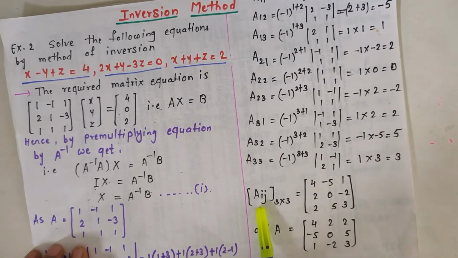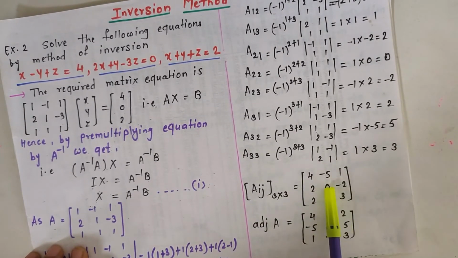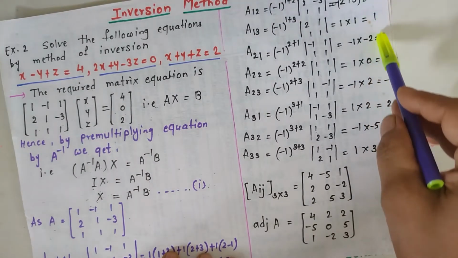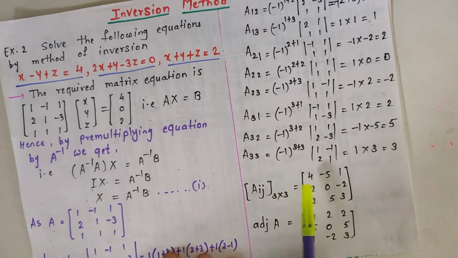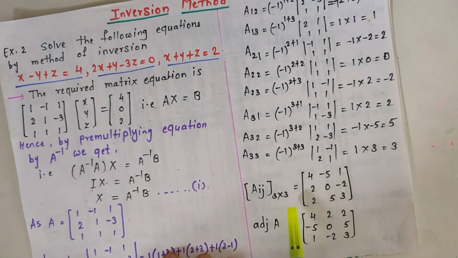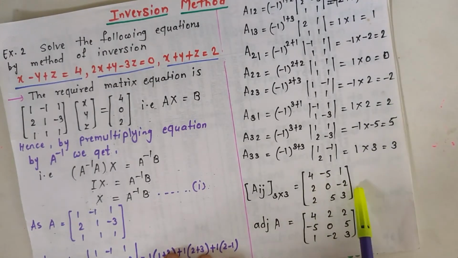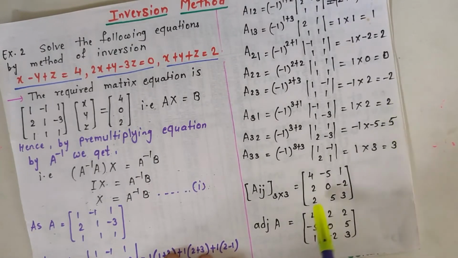Then we get the cofactor matrix Aij of order 3 by 3, the matrix of its cofactors: the first row is the cofactors of the first row elements, 4, minus 5, 1; the second row, 2, 0, minus 2; and the next row is the cofactors of the remaining elements, 2, 5, 3.